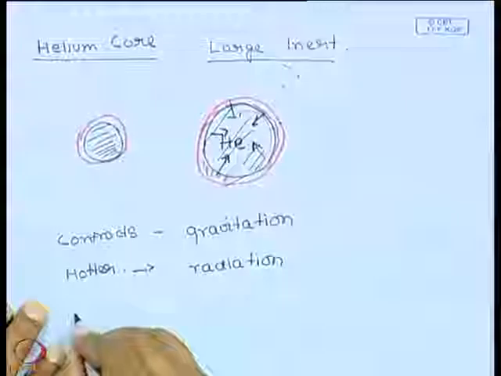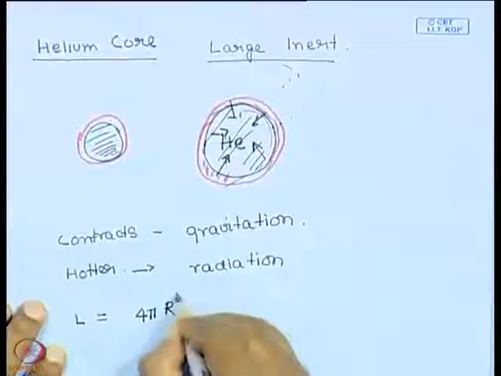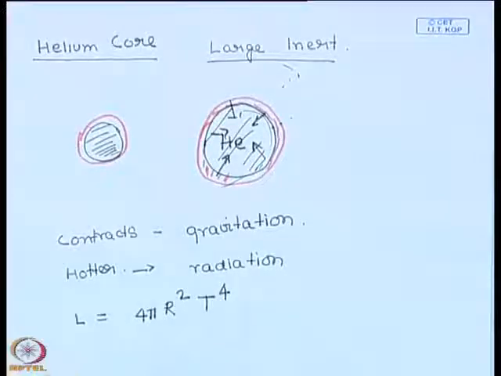So, the outer part of the star expands, and it expands so much that the luminosity actually increases considerably.